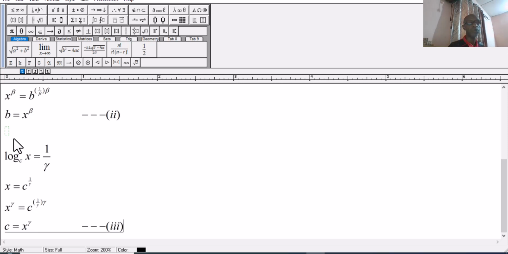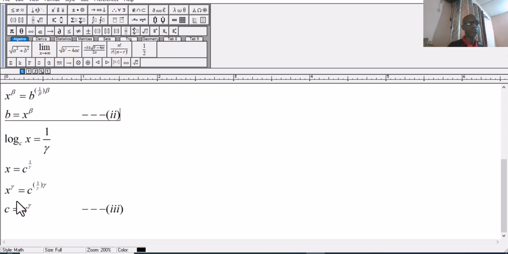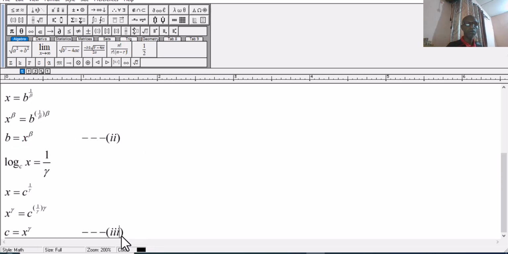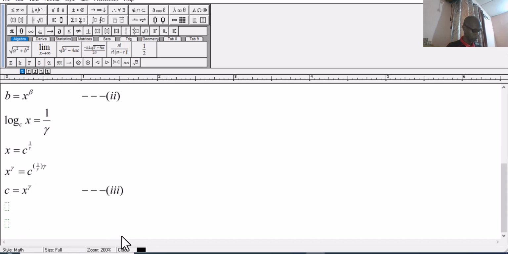Let's copy them out so that it is easier for us. Our a is this, our b, and our c.